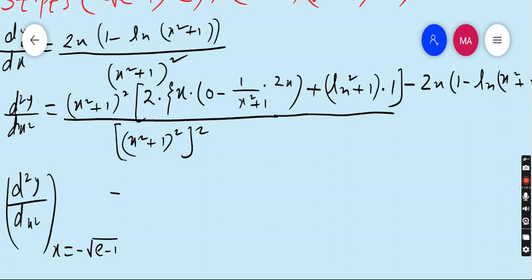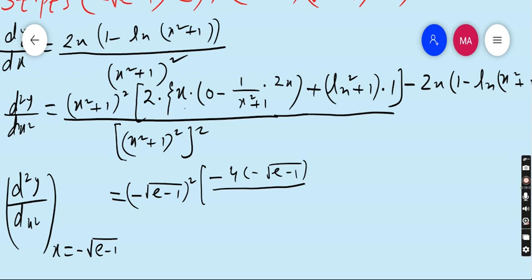Then x square plus 1 is (minus root of e minus 1) whole square plus 1, whole square, into 2. 2x into 2x is minus 4x, so minus 4 into minus root of e minus 1 upon x square plus 1.